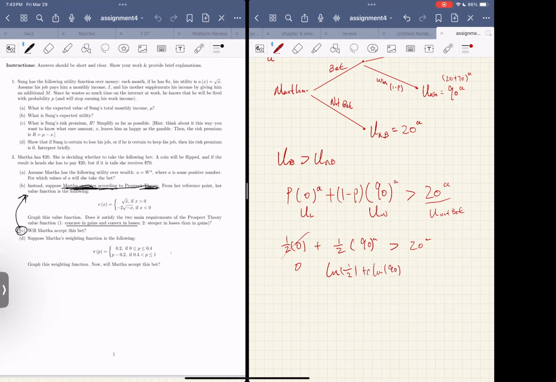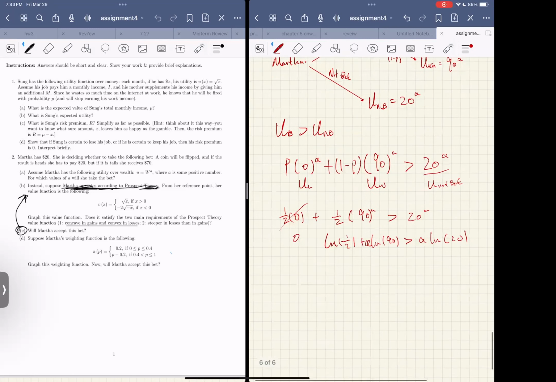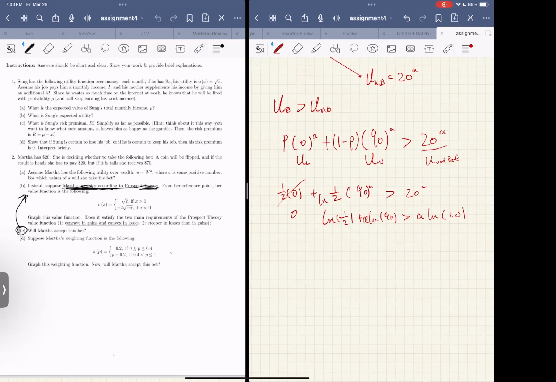So the A comes down, greater than A of ln of 20. If you take ln of this thing, 1/2 times this thing, then with ln it's plus.